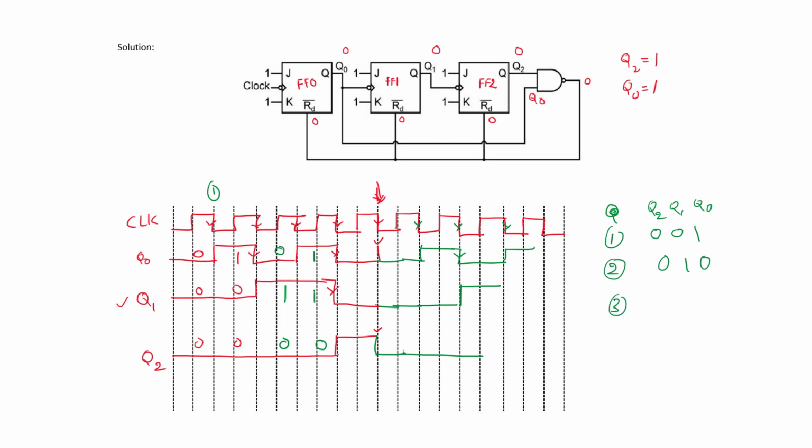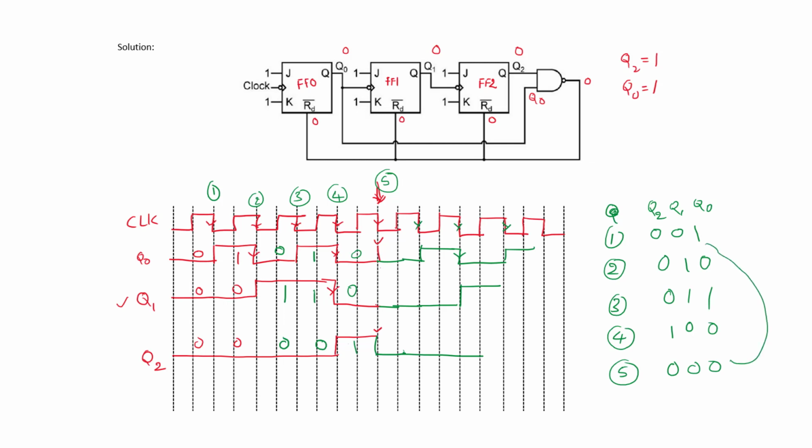At the third clock transition, 0, 1, 1. At the fourth clock transition, 1, 0, 0. At the fifth clock transition, all the outputs are forced to 0. So this will be repeated.